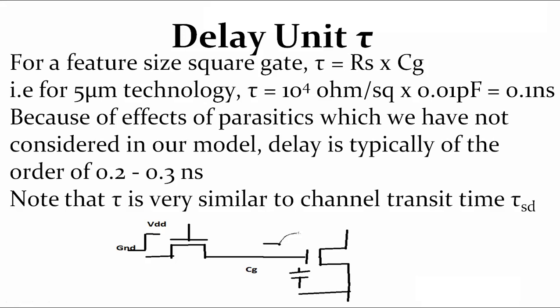From that also we can calculate the transit time, the delay time. From this expression, tau SD, we can calculate the delay time without this RS and CZ.